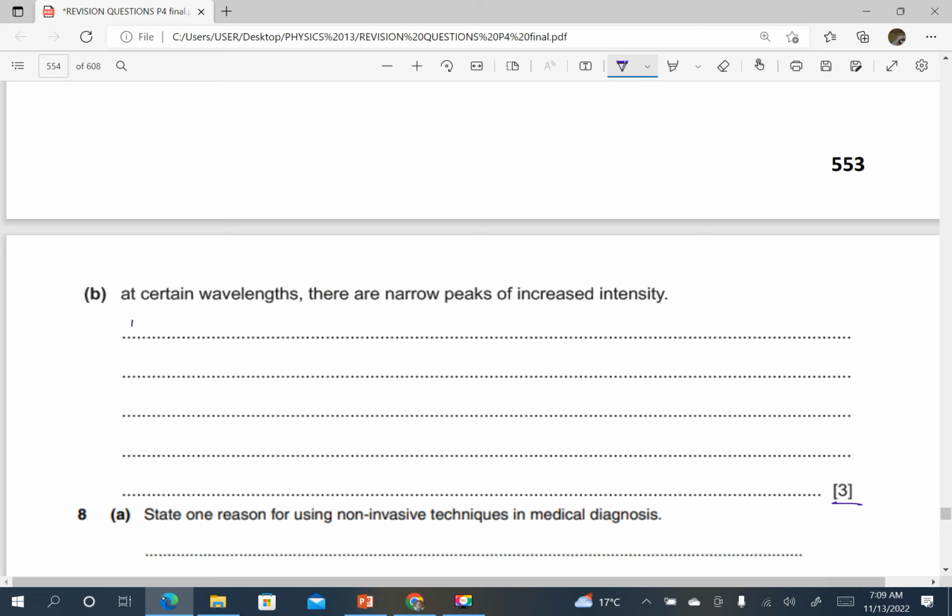So these correspond to an electron in the inner shell of the target, which is excited on collision.